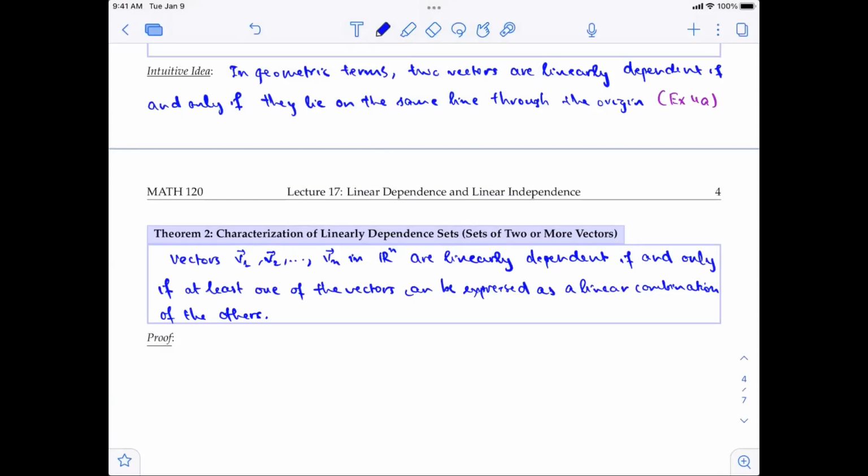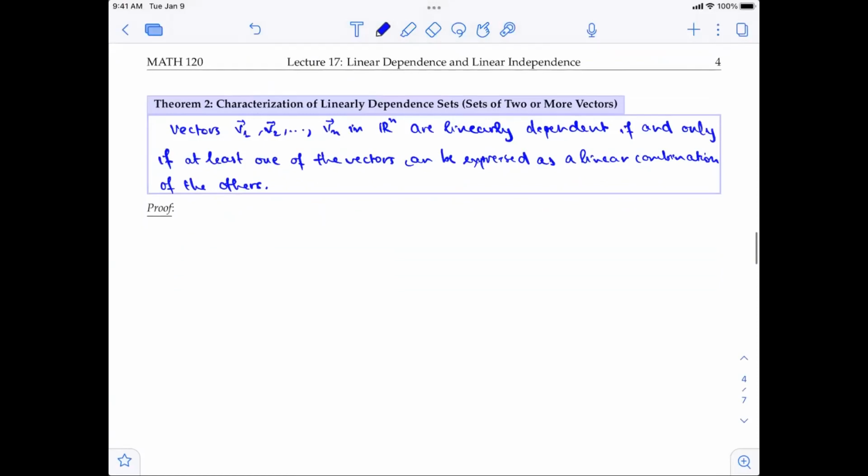All right. So there are two parts to the proof. The first one is the forward direction. First we consider that these n vectors are linearly dependent, and we use that statement to prove that at least one of the vectors can be expressed as a linear combination of the others.